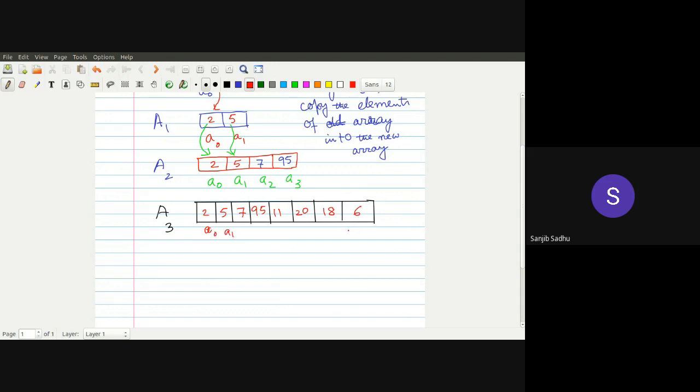In this way, this is A2, A3, A4, up to A7. Now you carry on like this.